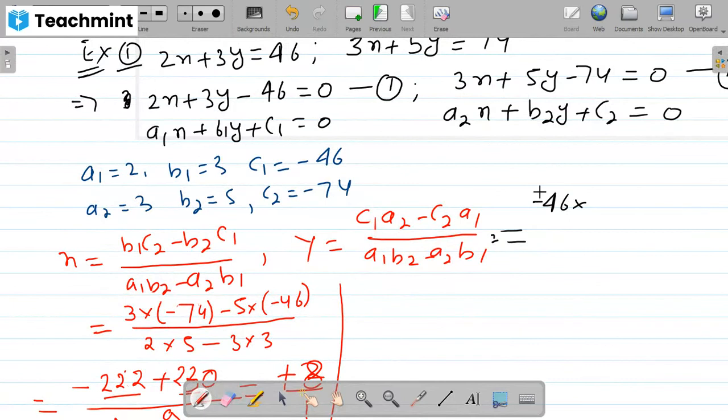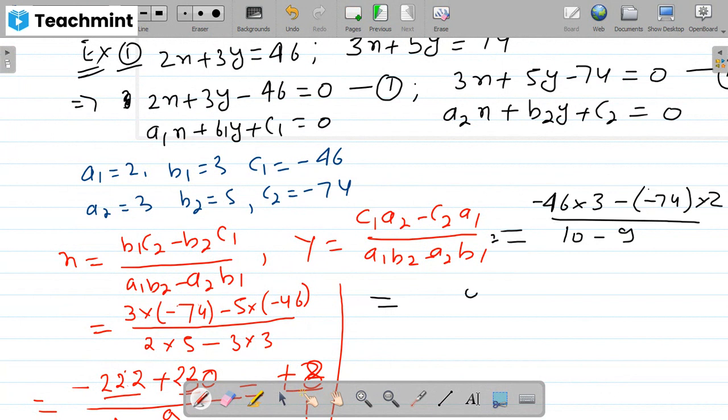and value of a2 is 3, minus value of c2 is minus 74, and value of a1 is 2, and in this case 10 minus 9.